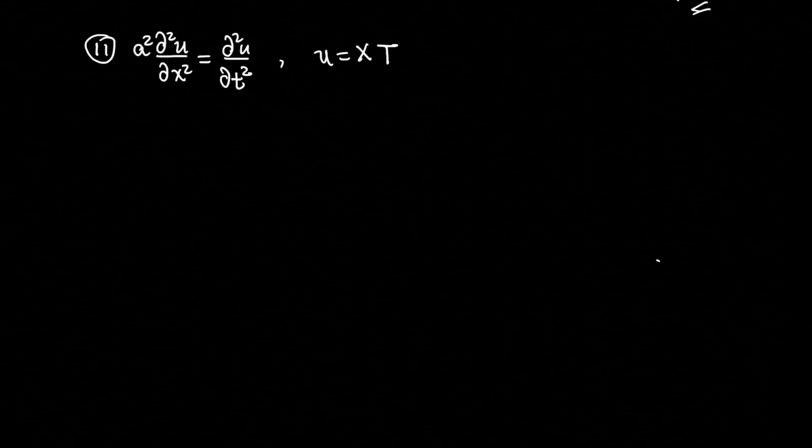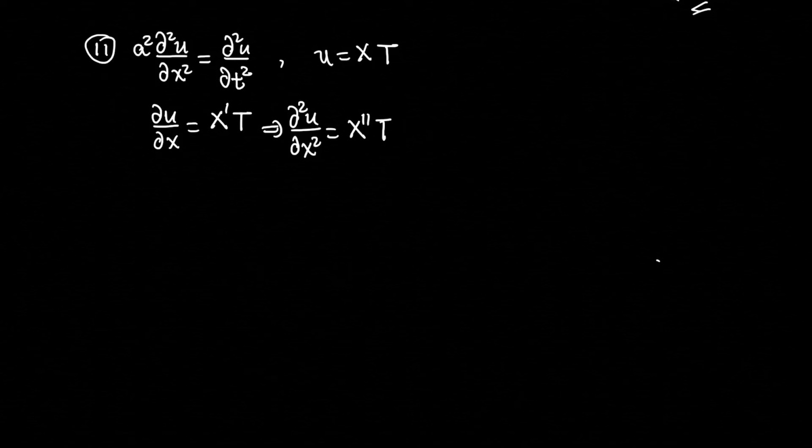Now we have x prime times t, because t is just a constant. Then we have the second derivative. This again, we do the same for time.